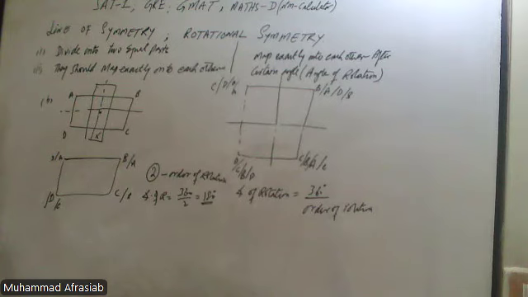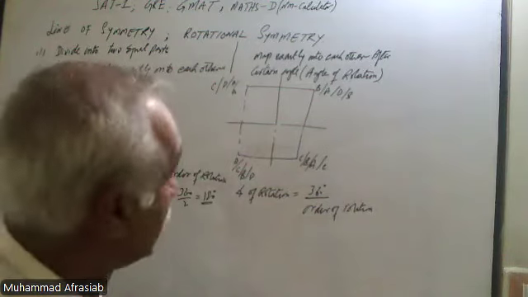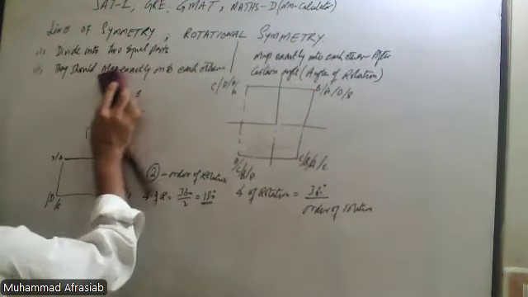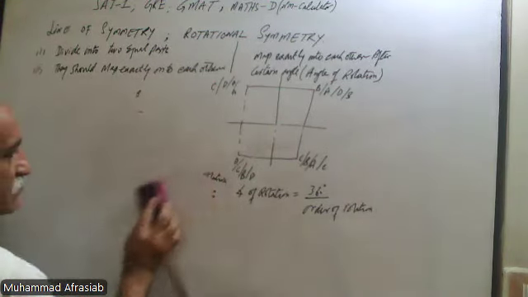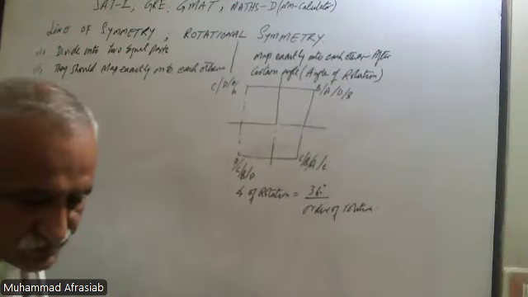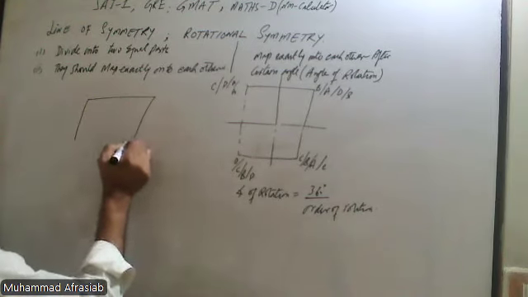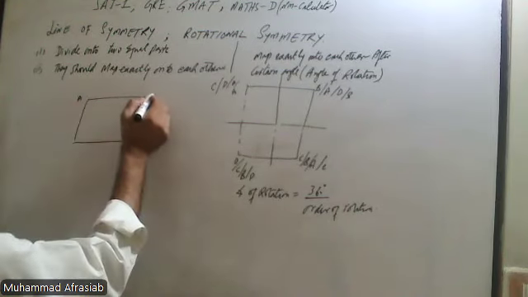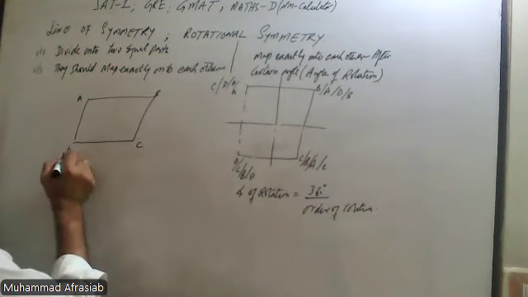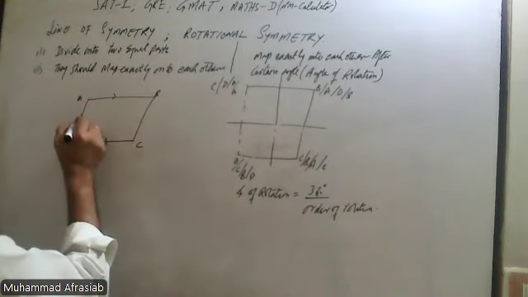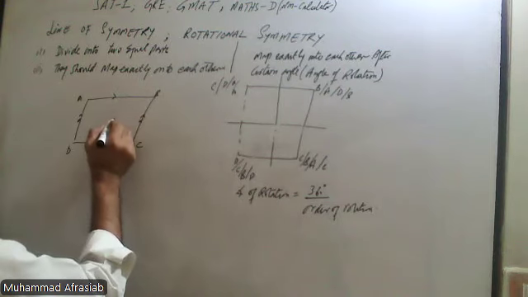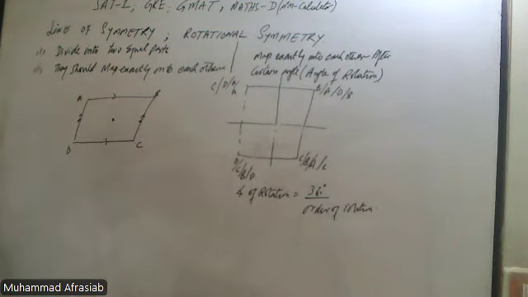For the third case, let's take a parallelogram. Let's say this is the center. After 90 degrees, it is not mapping. After 180 degrees, it is not mapping.